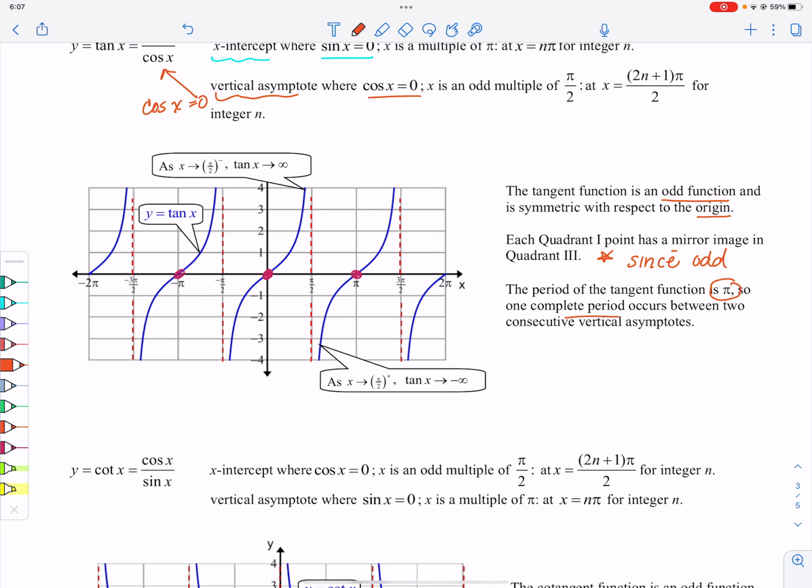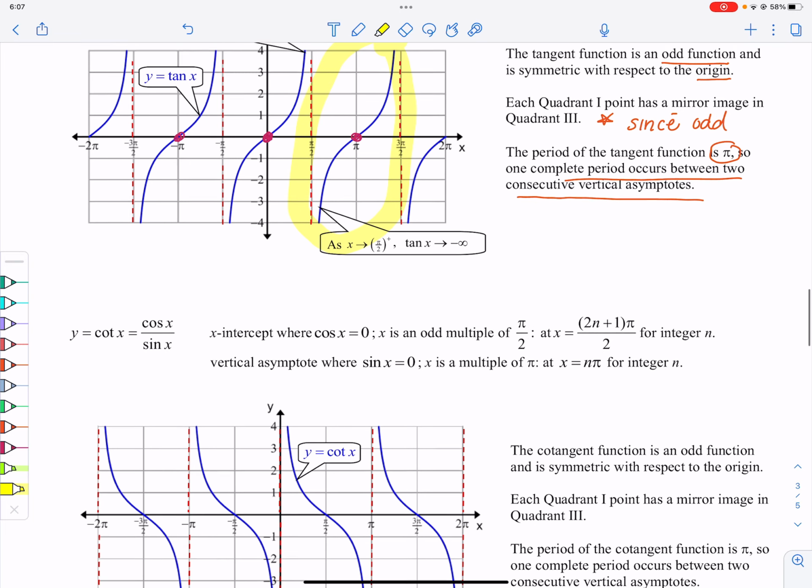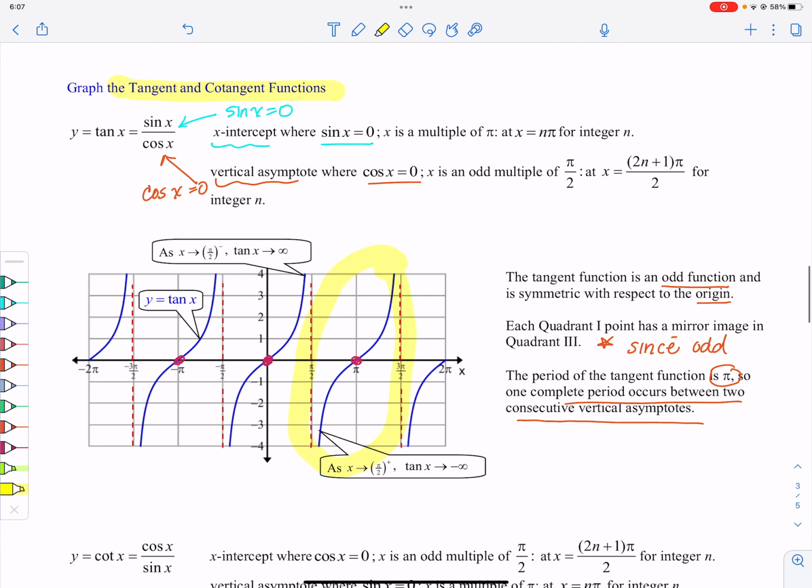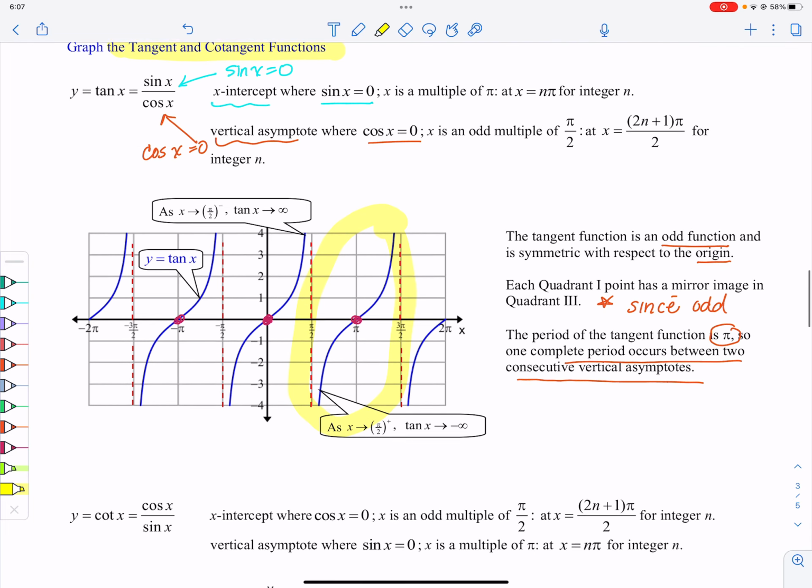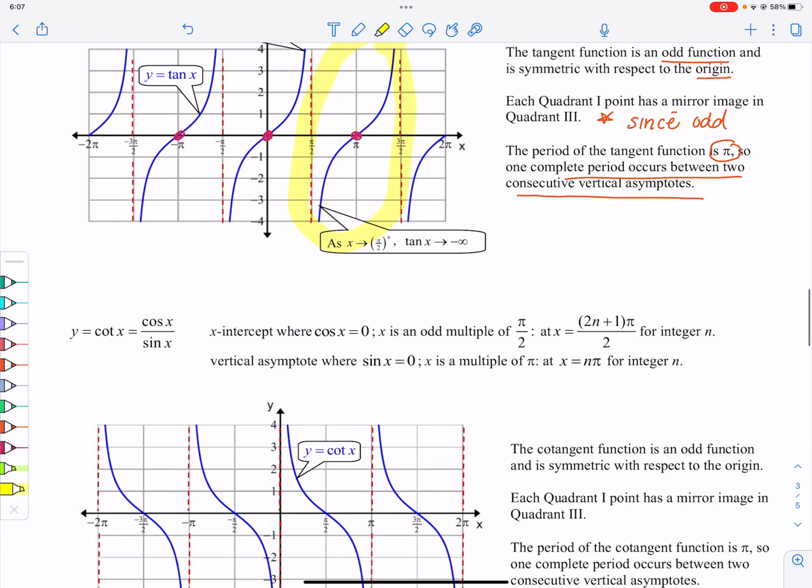So one complete period occurs between two consecutive vertical asymptotes. So what we're saying is we have right there from pi over 2 to 3 pi over 2, we have one period. We have one complete cycle.